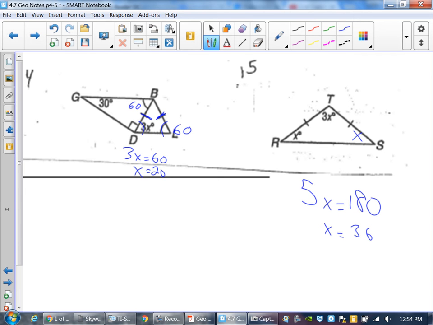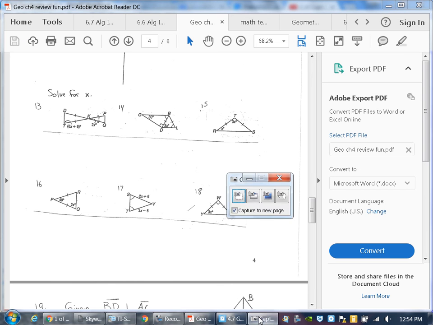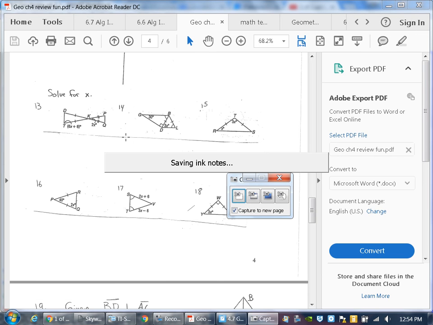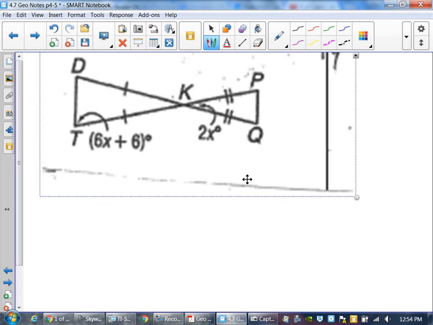13, all you have to do is vertical angles, and it's pretty much done. So if this side's 2x, what's the other side? This is an isosceles triangle, which means the base angles are the same. Which means this one is 6x and 6. What do all three of those have to add up to equal?